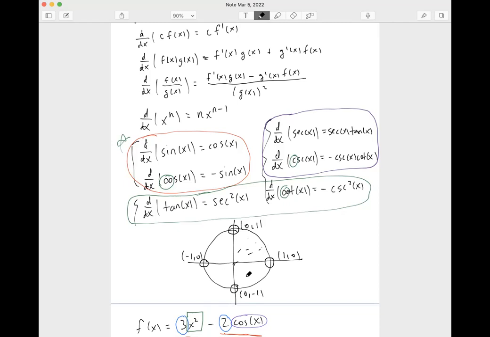And again, that's only when you have to plug in stuff, right? If you're just tasked to find the derivative, you don't have to plug anything in, right? Unless it's the derivative at a point or something. But I guess you have to come to that when it happens.